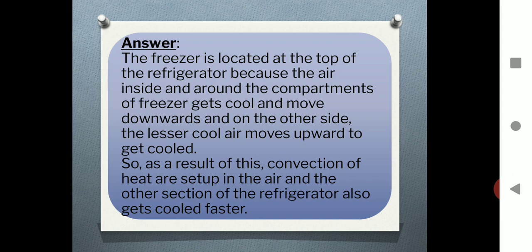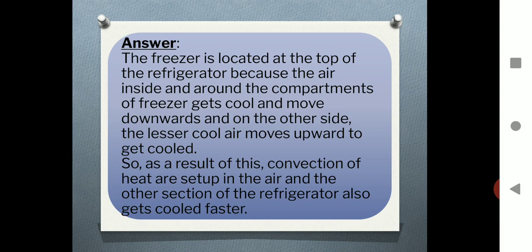So again a cycle is produced, and that cyclic pathway always will have cooler air which is present around the compartments of the freezer moving downwards, and warmer air which is present in the lower parts of the refrigerator moving upwards. And this process will continue till all the articles that you have kept inside the refrigerator become cooler.